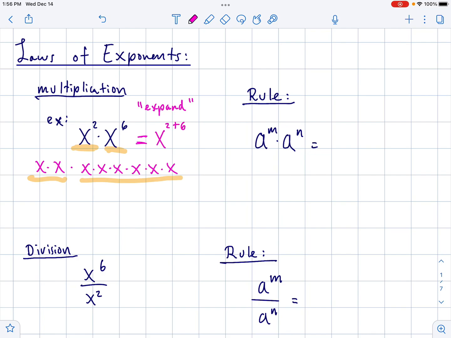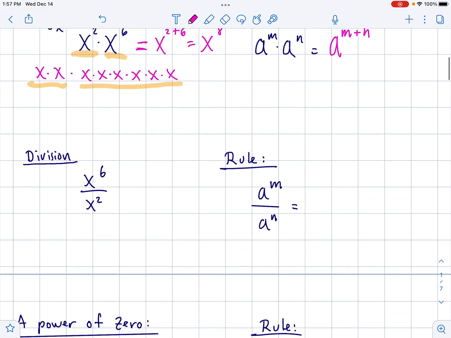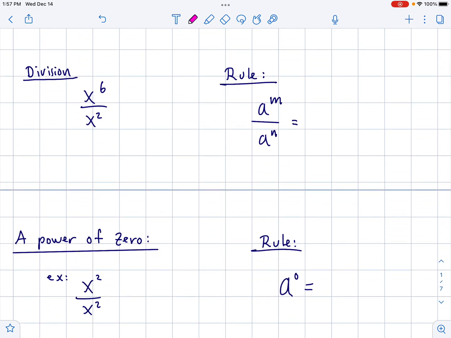So when you simplify, you go x to the 2 plus 6, which is x to the 8th. So when you are multiplying two things together that have the same base, you add their exponents. So the rule for this is if you multiply a to the m times a to the n, you get a to the m plus n.